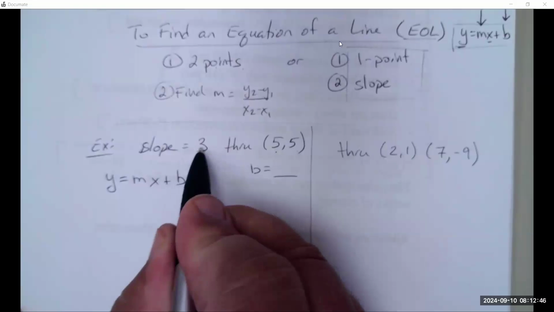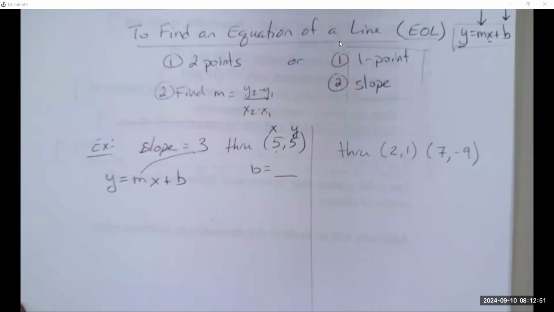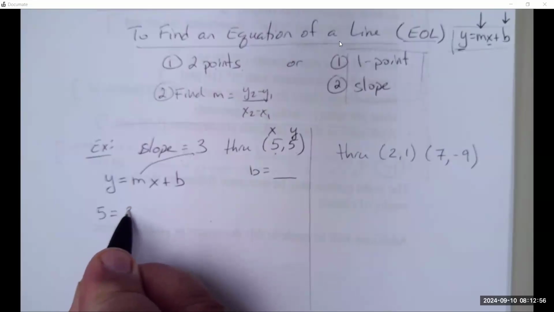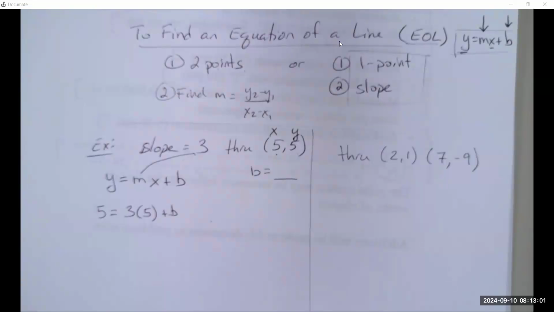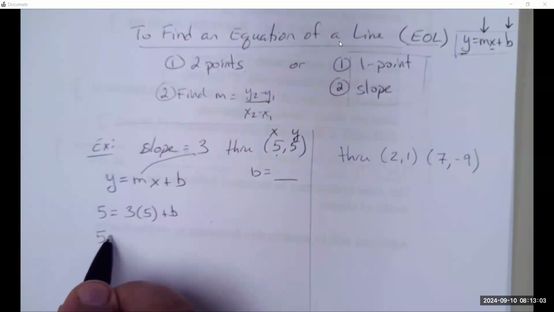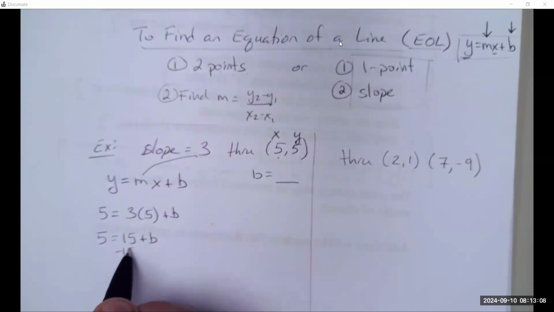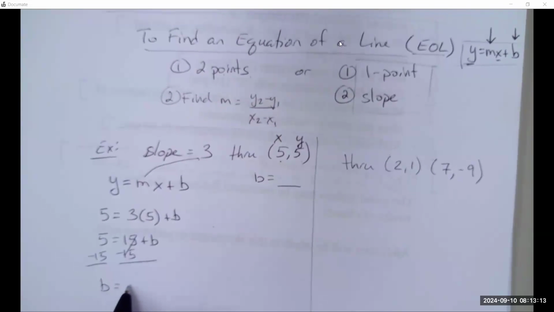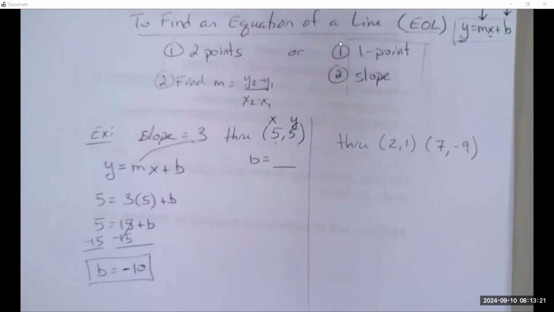So if we plug in our slope, our x, and our y, we can solve for b. 3 times 5 is 15. Subtract 15. Since 15 is bigger, it's negative. 15 minus 5 is 10. So the y-intercept is at y equals negative 10.